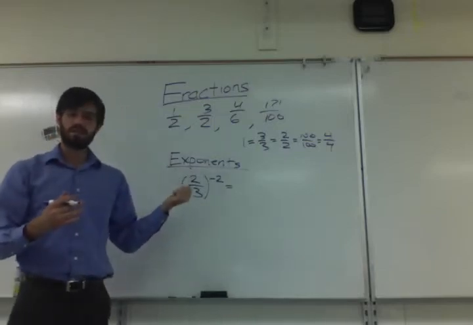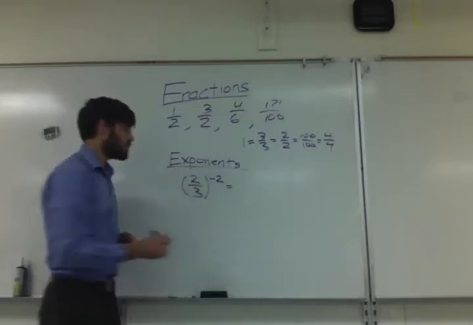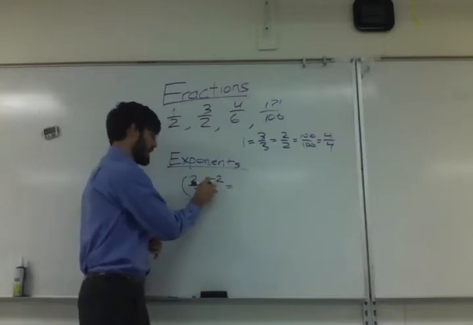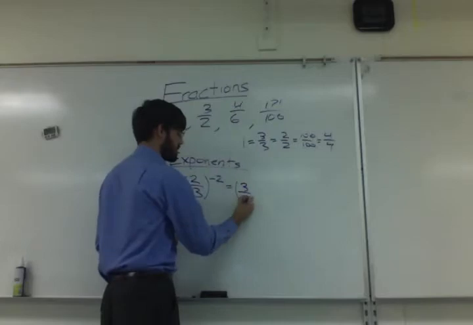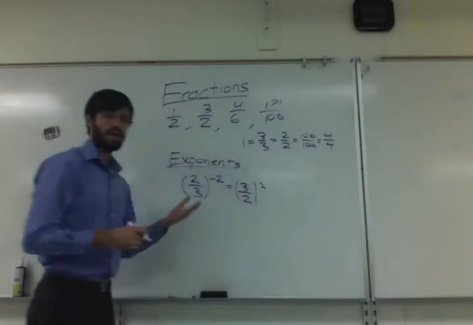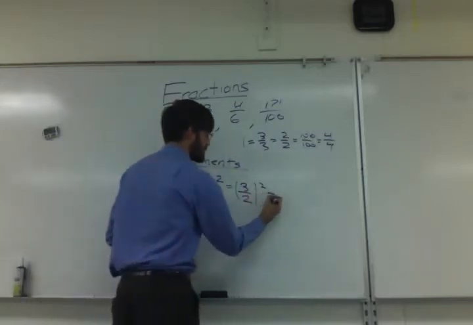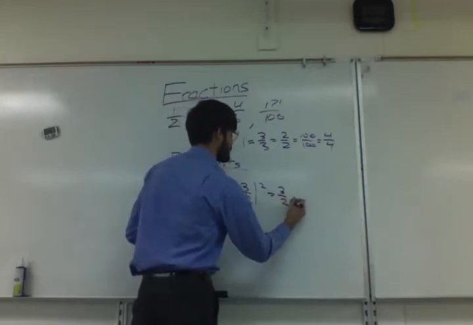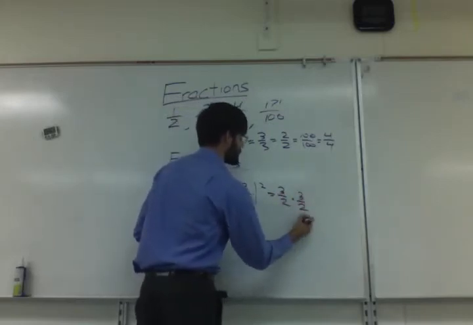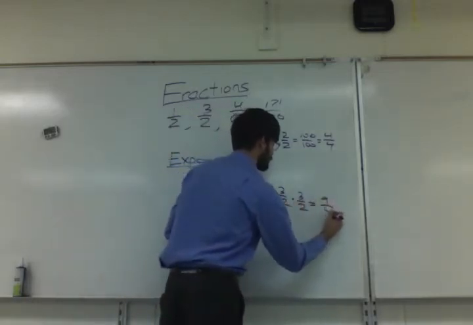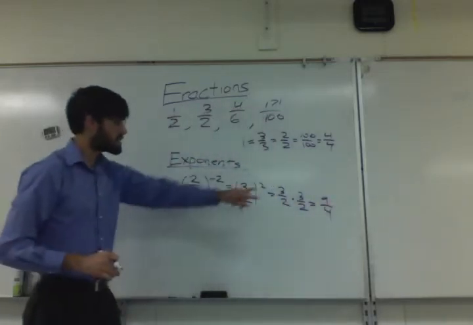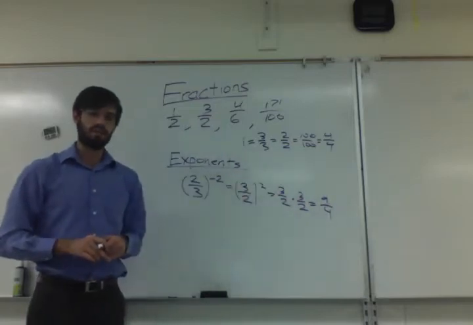So the first step to solve 2/3 to the negative 2 would be to get rid of the negative sign in the exponent. So I could rewrite this as 3/2 squared. And I could keep going with the problem from there. So then I would have 3/2 times 3/2 by the definition of an exponent, and that would give me 9 over 4, which is the reciprocal of the last problem that we did.